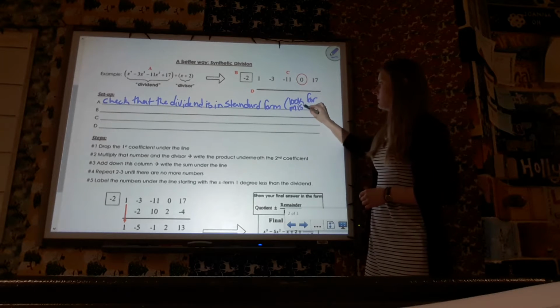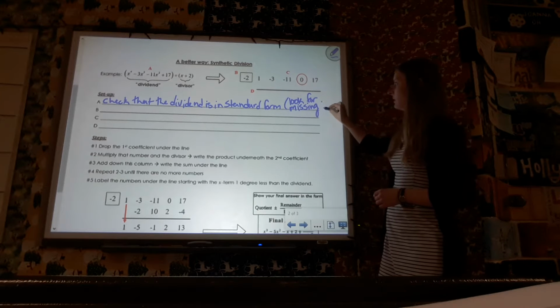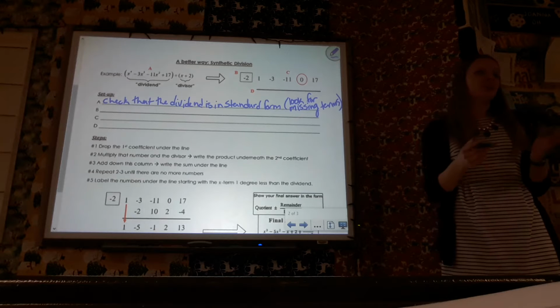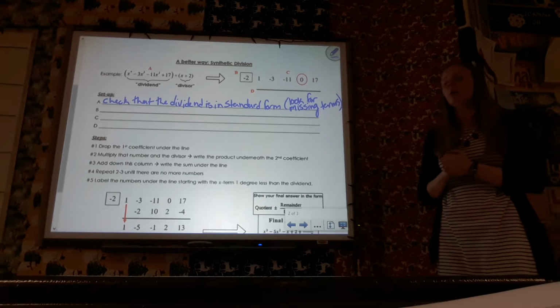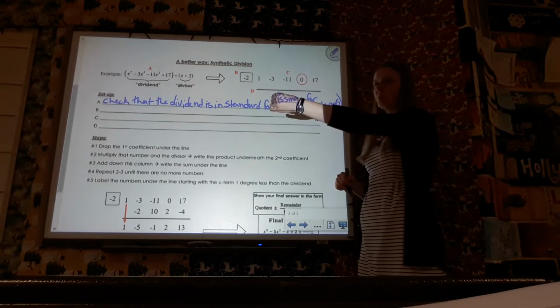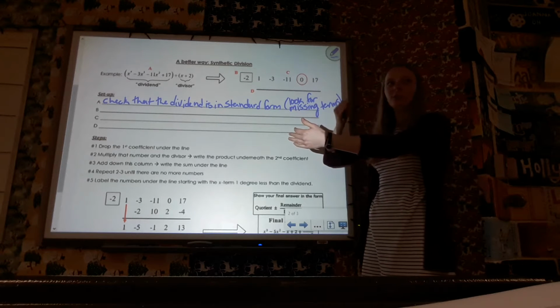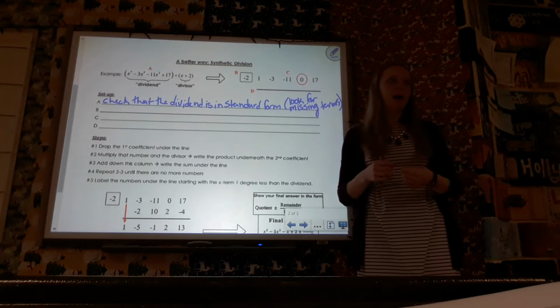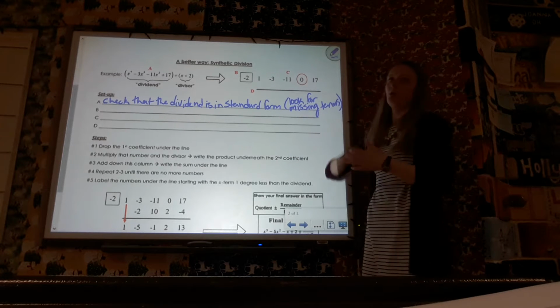This is another thing you want to do at this step, because there's something special we have to do when we're missing something. So the traditional standard form needs to have the highest exponent first, and it must contain every exponent below that. If it's missing one of the powers, make sure you take note of what's missing.